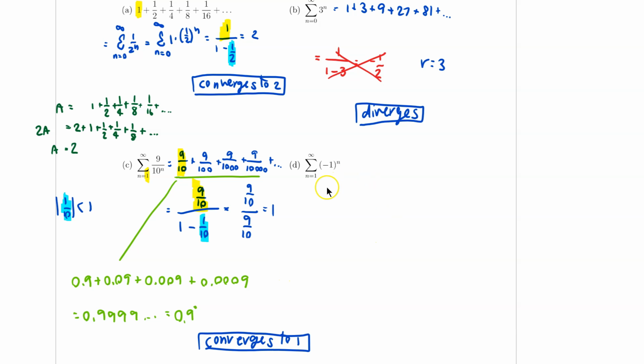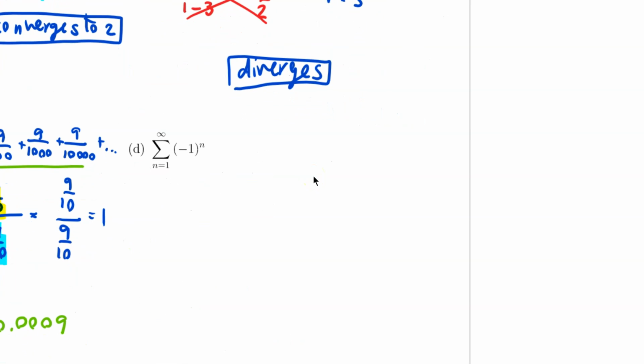Let's take a look at the next example. I have negative 1 to the n, where n goes from 1 to infinity. Now this sum is going to be negative 1 to the 1, which is just negative 1, plus 1, plus negative 1 again, and then plus 1 again, and negative 1 again, and so on.